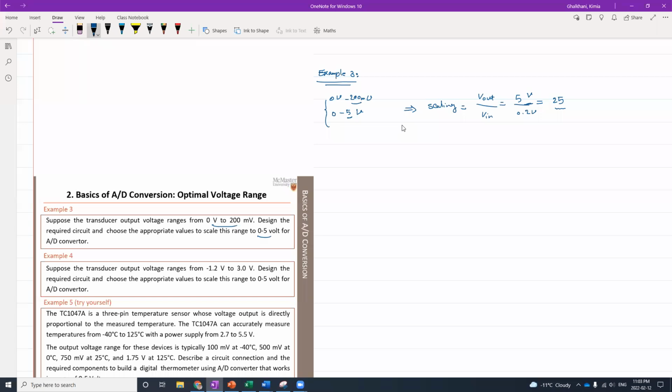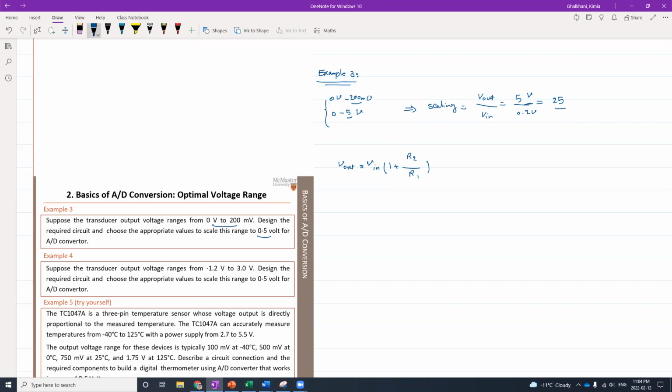Now, from what we discussed earlier, you can find the non-inverting amplifier resistors. So how to do it? Remember, I said we have the equation V out equals V in times 1 plus R2 over R1, right?